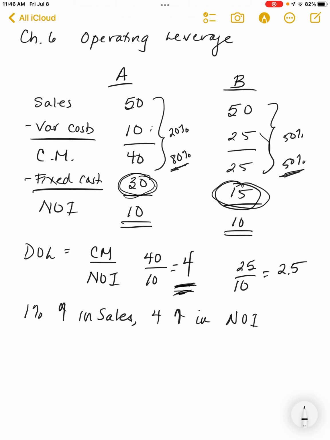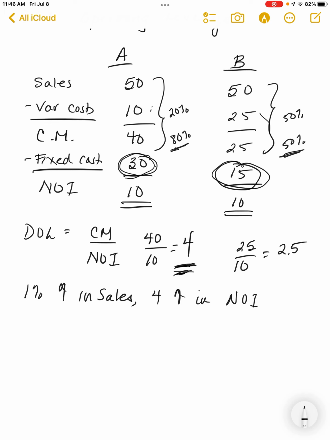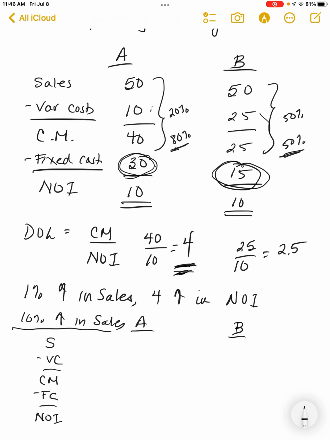Okay. So let's just see how that works. Let's say for firm A, let's look at a 10% increase in sales. I'm just going to do this quick and dirty down here. We'll just make sure that it works. I apologize, this got a little messy. For firm A, a 10% increase in sales is going to give us $55.